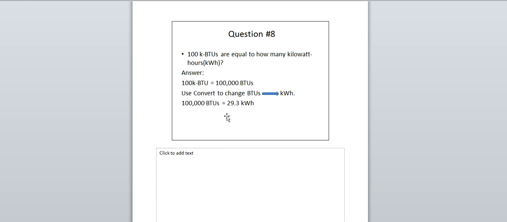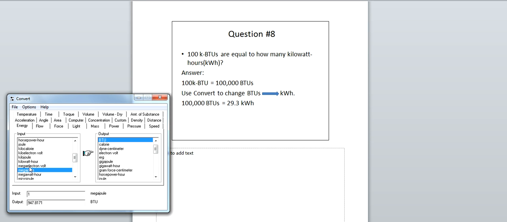Question 8 says 100 kilo BTUs are equal to how many kilowatt hours? Again, you want 100K BTUs, so we could use convert again. 100,000 BTUs, so this side is going to be 100,000 BTUs is equal to how many kilowatt hours?